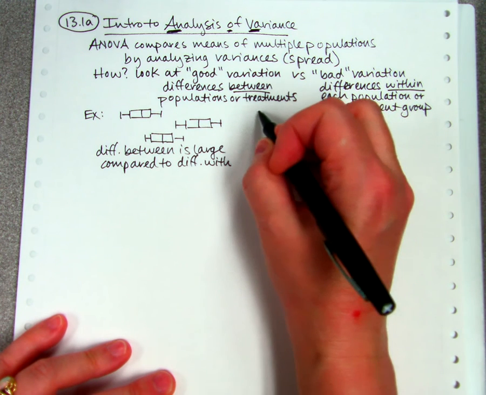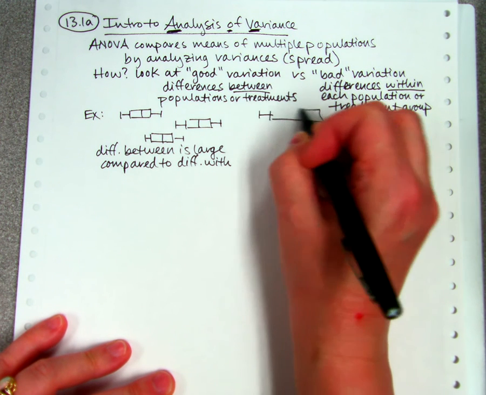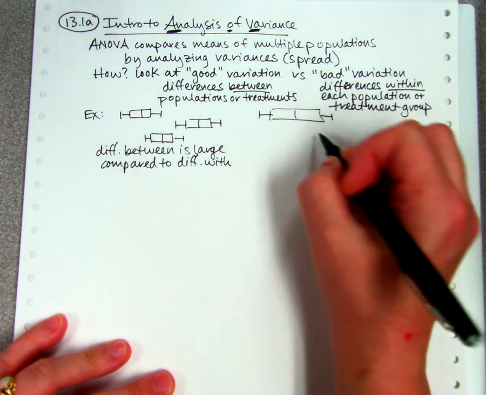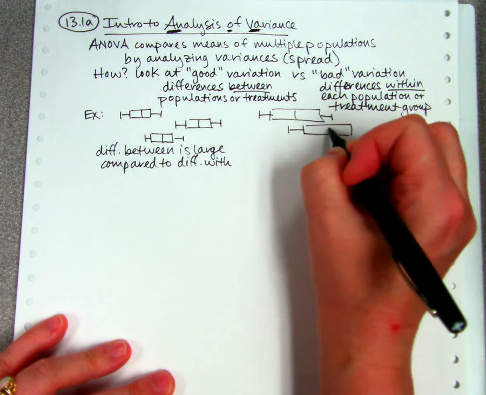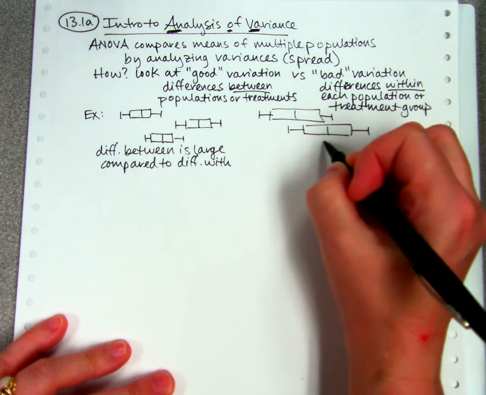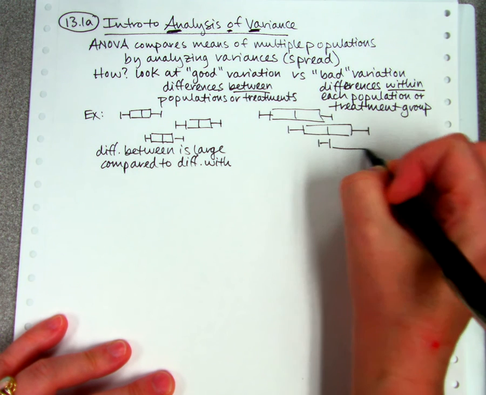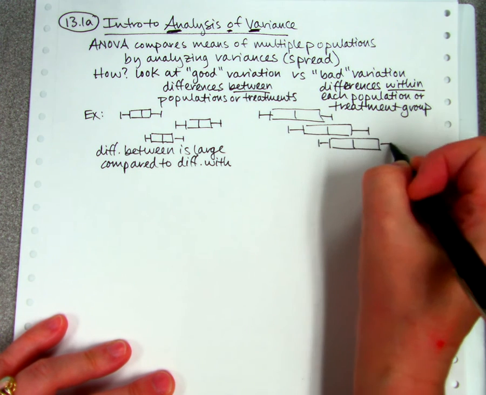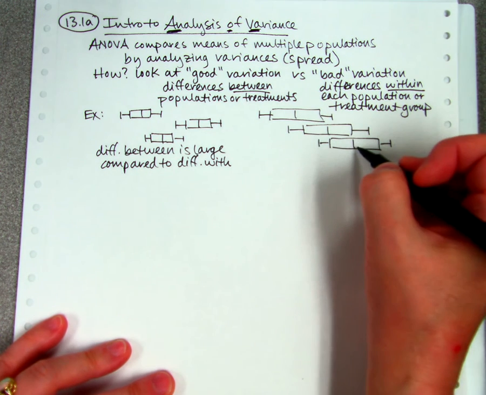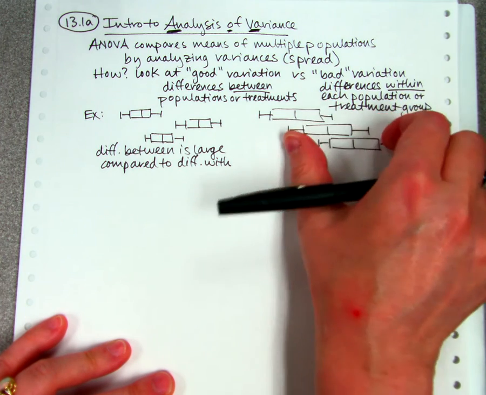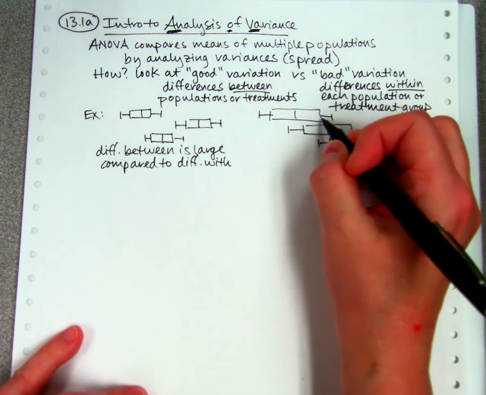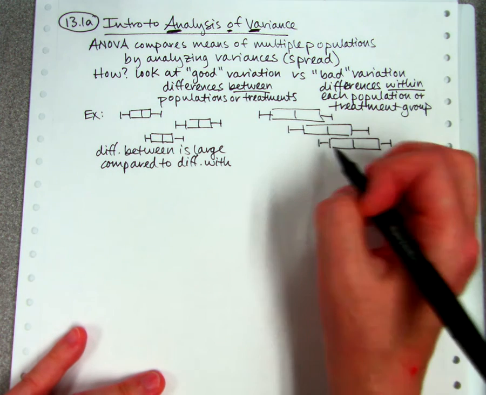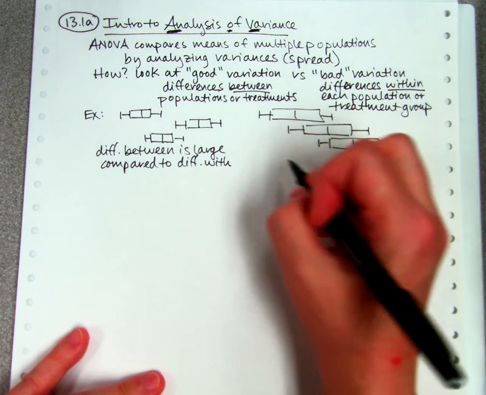On the other hand, sometimes we get data that looks like this. Let's make some longer box plots. And let's do a lot of overlapping. Here's an example where there is a difference between the means, but it's kind of clouded by this widespread in each data set, so that makes it harder to tell for sure, and this would be less likely to come out significant.